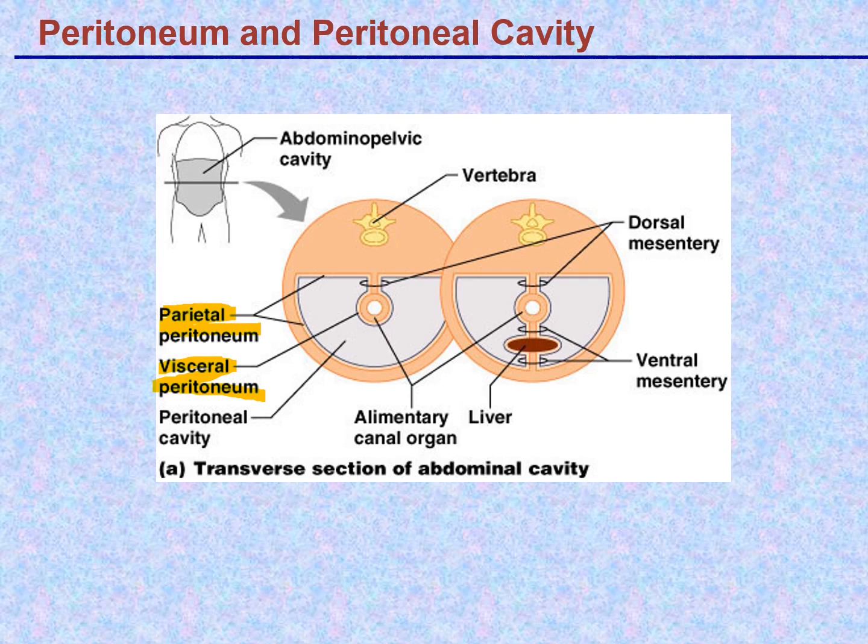And the fact that some organs are actually hanging off of a curtain kind of mesentery. And you've seen the mesentery for the gut. It's that clear membrane that the loops of the intestinal tract hang from, and it's most easily seen with the small intestine.